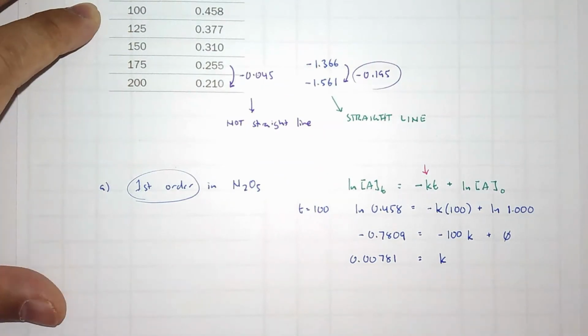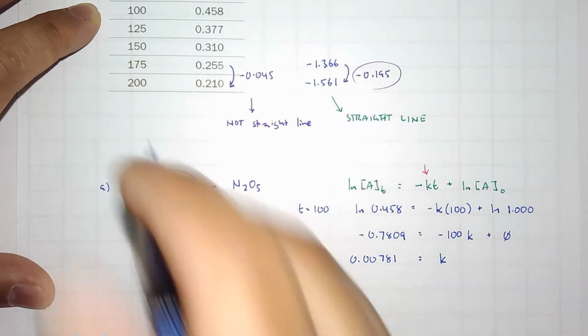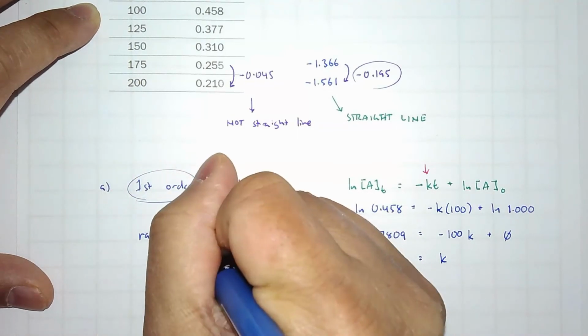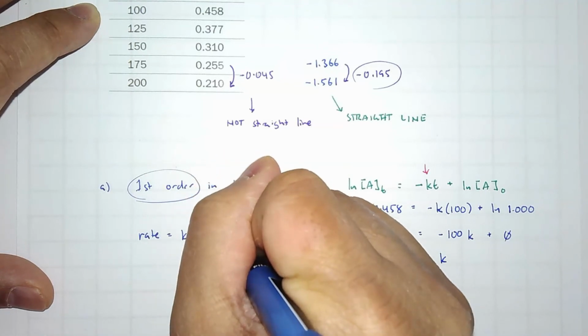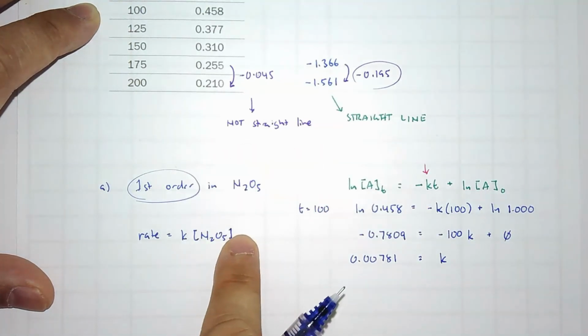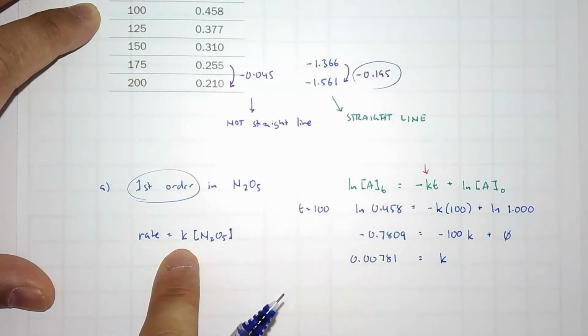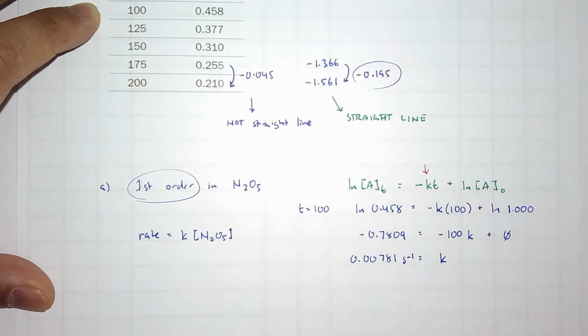So the rate law for the first order looks like this. Rate equals k times the concentration of N2O5 raised to the first, meaning that that's molarity. So I need k to be 1 over seconds, or seconds minus 1.